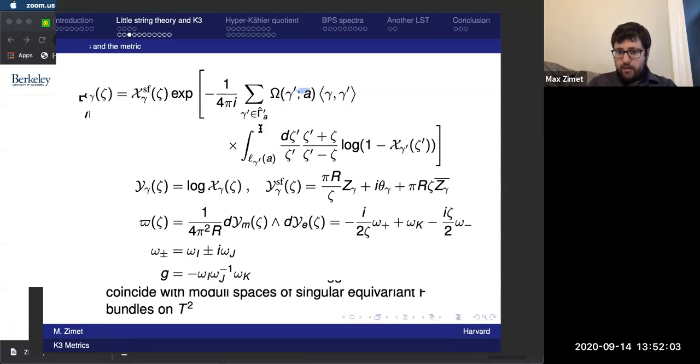And the moduli space of the D0 brane is completely classical. It's just the K3 surface that it's seeing. But the moduli space of the D2 brane experiences quantum corrections due to open string instantons, world sheet instantons that end on the D2 brane.